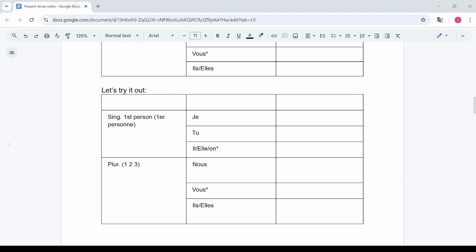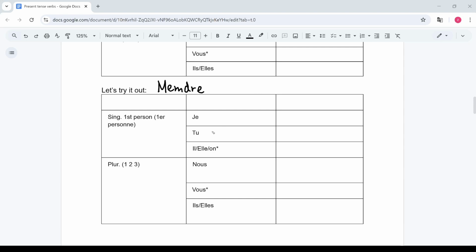Now, I'm assuming you know what's coming next. Let's try one for an RE verb. Again, we're going to assume that this is a regular verb. Let's say, for example, that the verb mendre exists. It doesn't, but let's assume that this verb exists and that it is a regular verb.